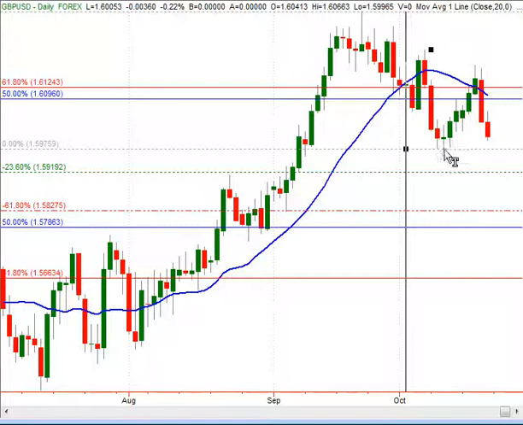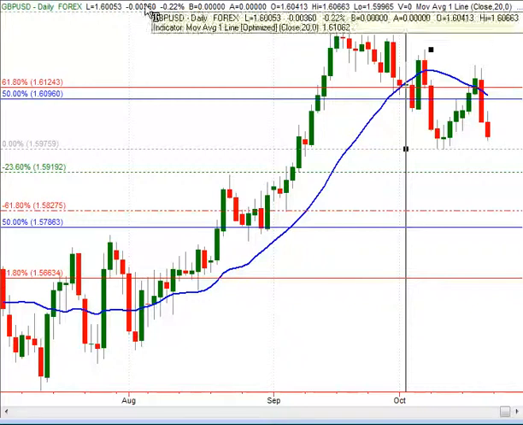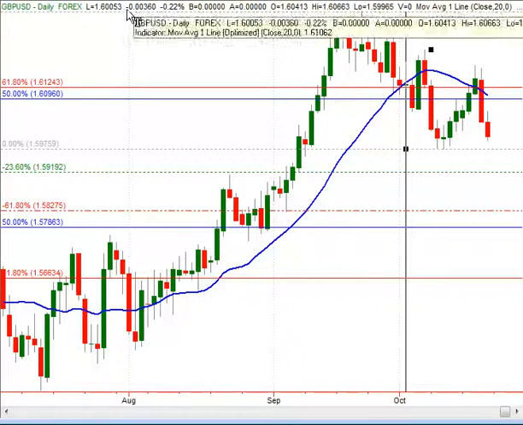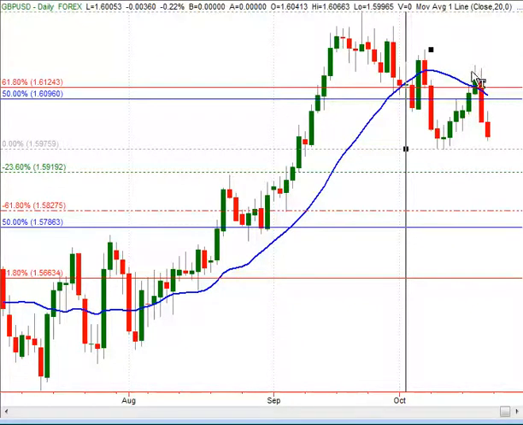So this was during the time we were getting strength in the euro as well. But as you can see, while the euro reached the top of the sideways channel, the pound was not that strong, and actually stopped before.